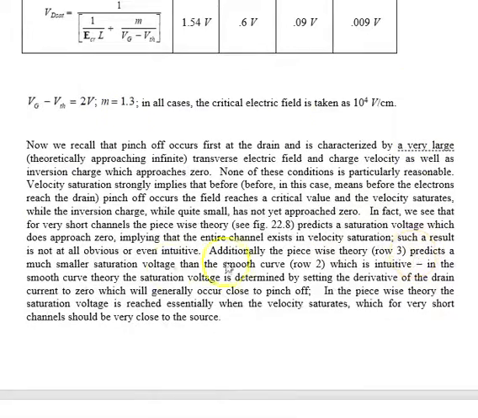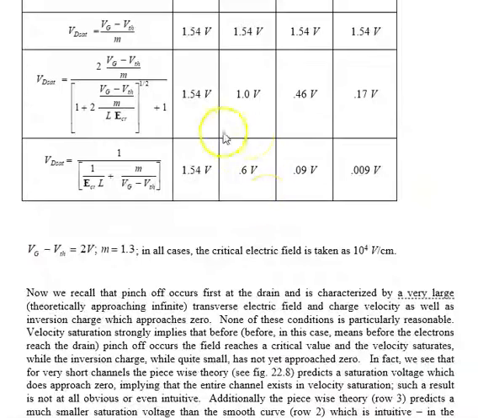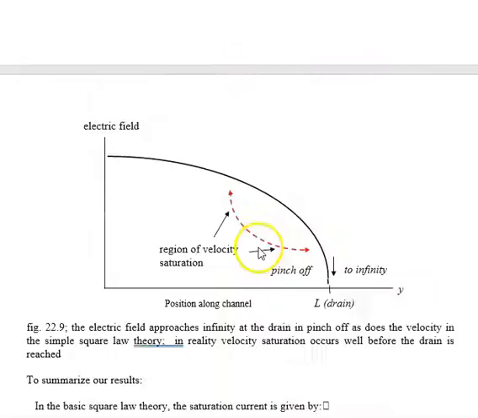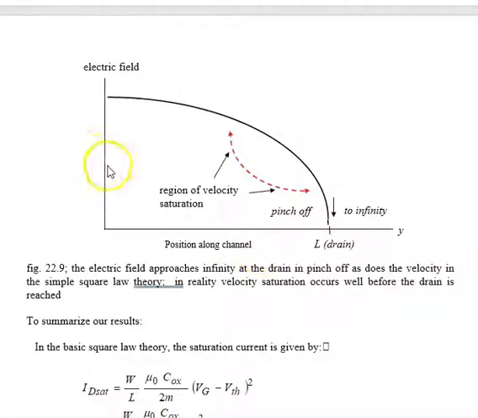And this paragraph basically describes what we've done in this table. This is a figure which sort of summarizes everything. The electric field at the drain gets extremely large. Basically, it tends to infinity, but of course never gets there. But it gets pretty darn large. Somewhere along the line there is pinch off, and this region would be approximately the region of velocity saturation.